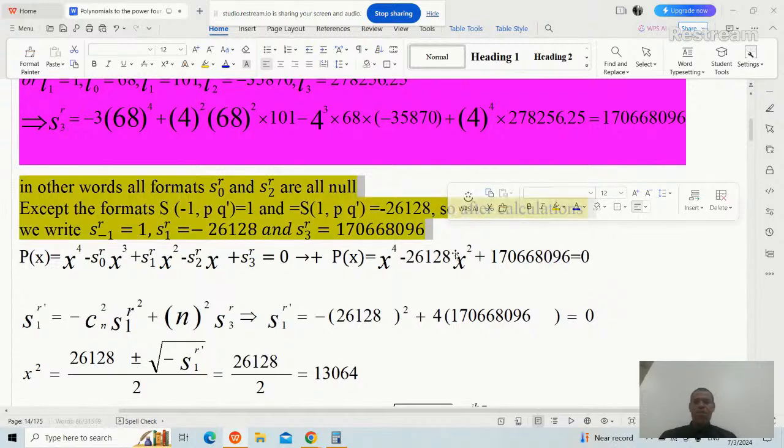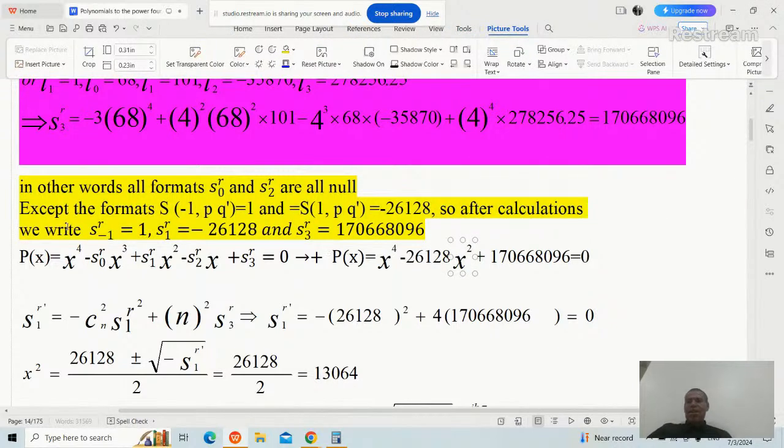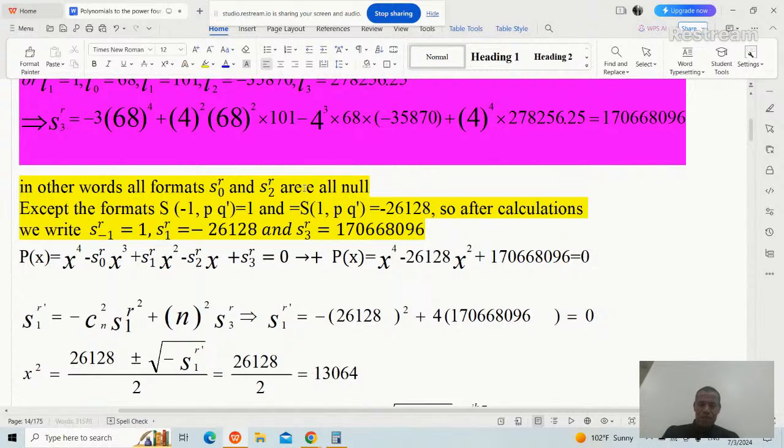We told that all the former S0 of order R and S2 of order R are all equal to 0.